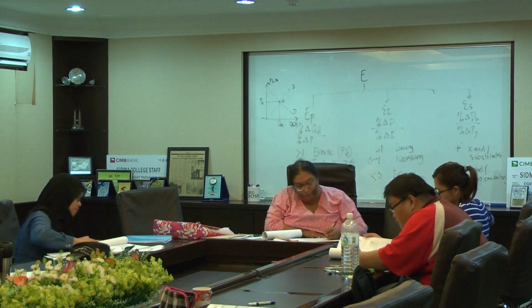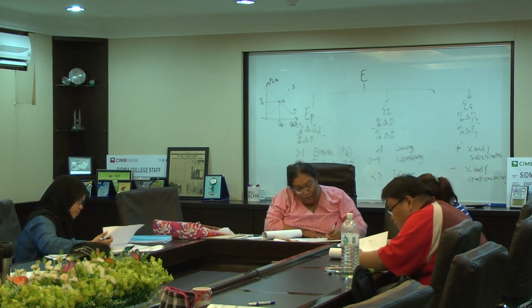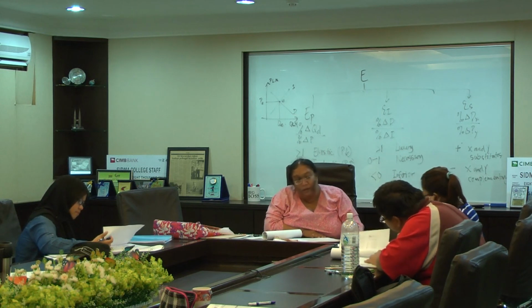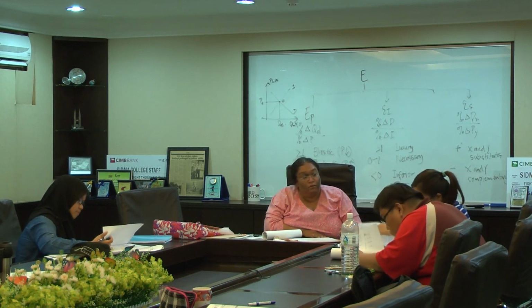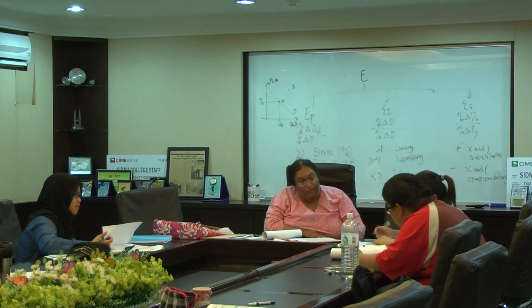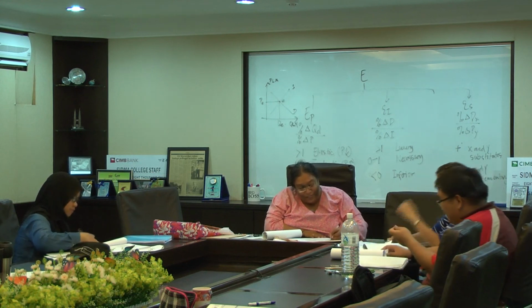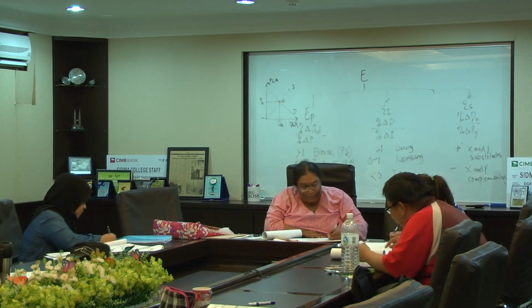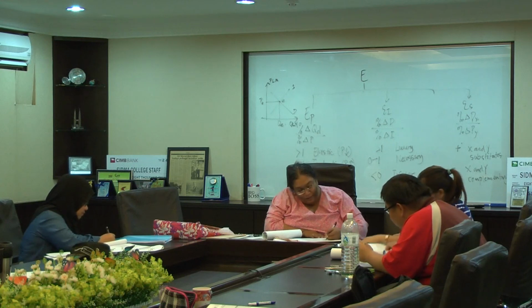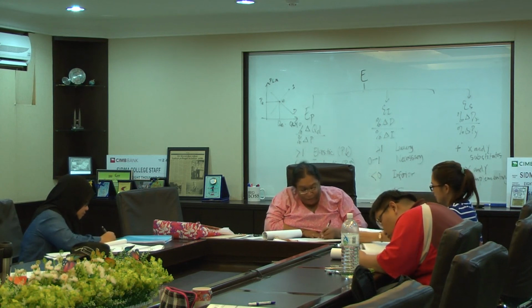When the price is 7, what is the quantity demanded? 50. So calculate the percentage change in quantity demanded: 50 minus 59 divided by 59 times 100.